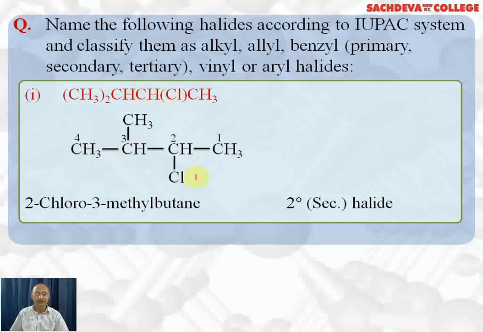This CH is attached to Cl and this CH3 is here. Now start counting from this side because halogen will be preferred over methyl group. This compound is 2-chloro-3-methylbutane. Butane because 4 carbon atoms we have counted. Second carbon there is chloro group, third carbon there is methyl group. Now Cl is attached to secondary carbon, that's why it is called secondary halide.